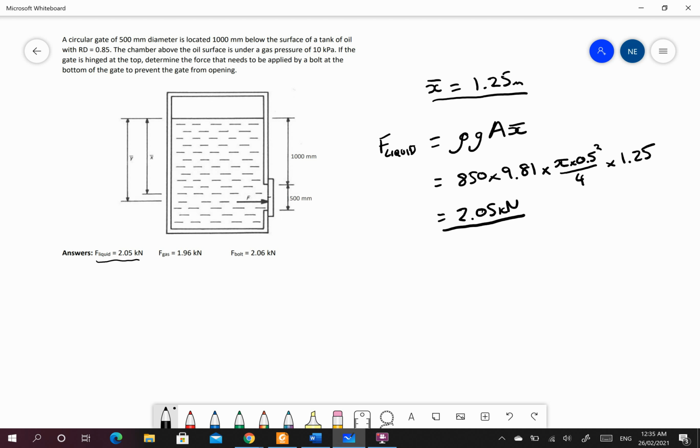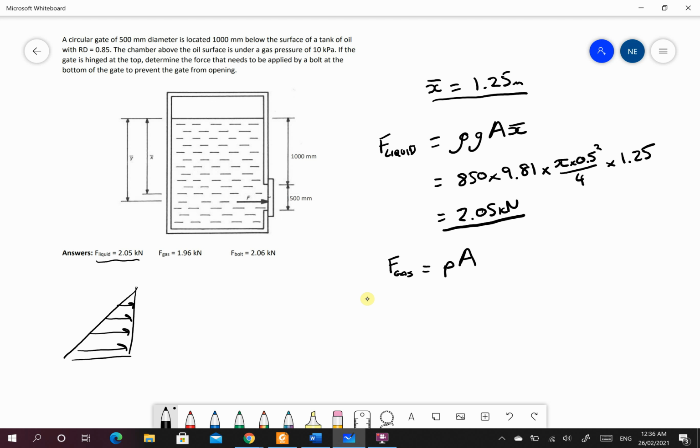Now I want to work out the force of the gas. My force gas is equal to pressure times the area it's acting on. Remember that for the liquid, as we get deeper, the force component increases, so it's linearly increasing.